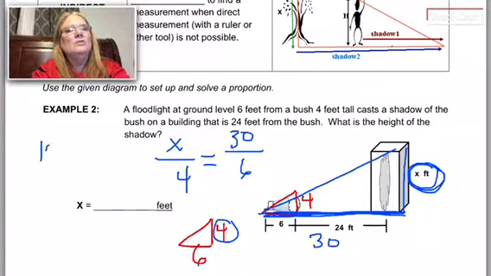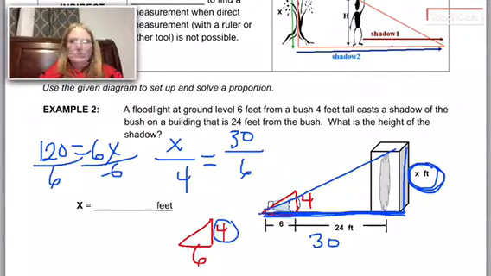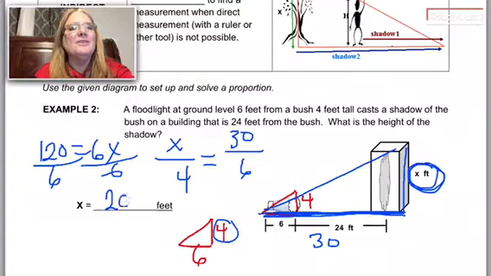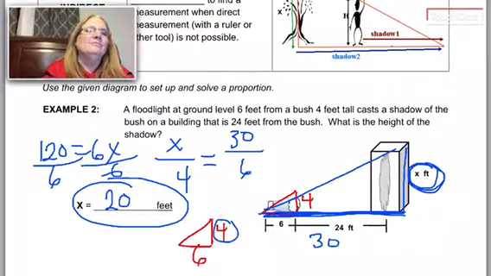And then we get 120 is equal to 6x. If we divide by 6, 120 divided by 6 is, I'm going to use my calculator. Sorry, 120 divided by 6 is 20. Thought so, but I thought I'd double check.